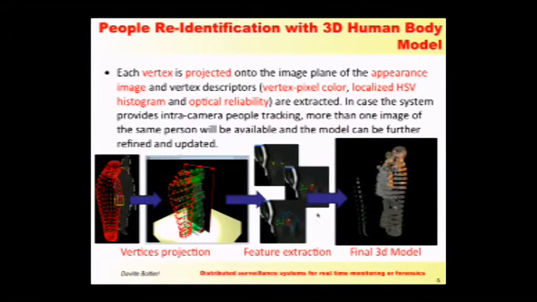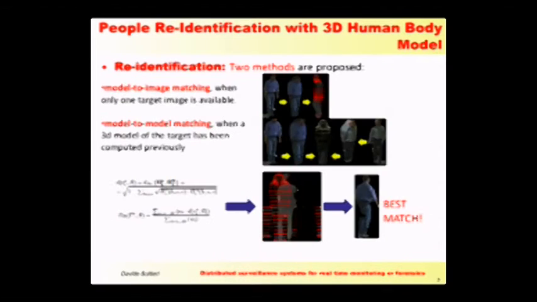After the model creation, we can proceed with the actual identification by basically matching the model with a single image in the case of model-to-image matching, or with a complete model in the case of model-to-model matching.